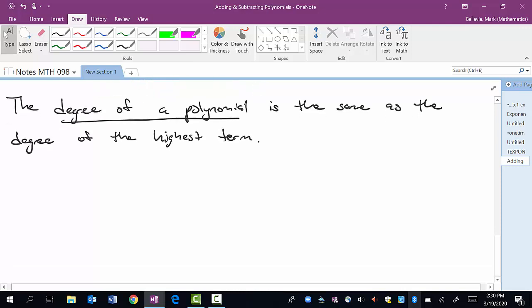So pretty much if you write a polynomial out, you're looking for the degree of each term, and then whatever the highest one is, is the degree of the polynomial.